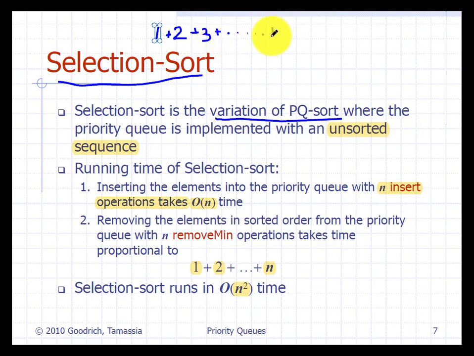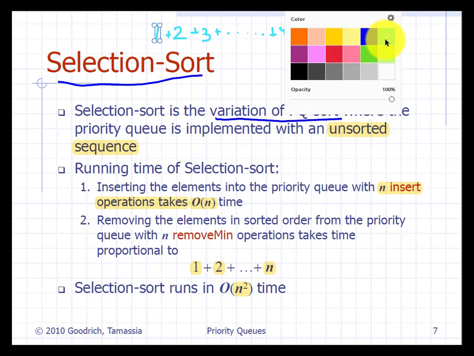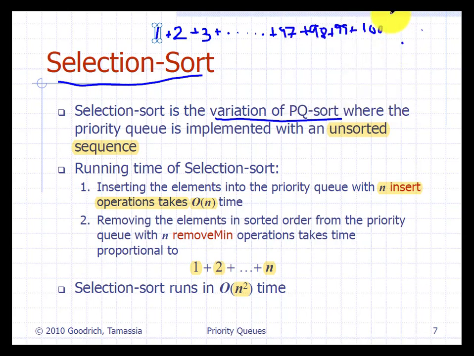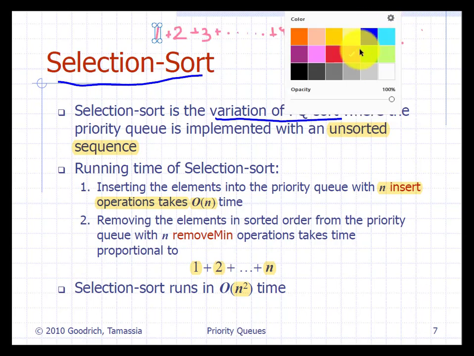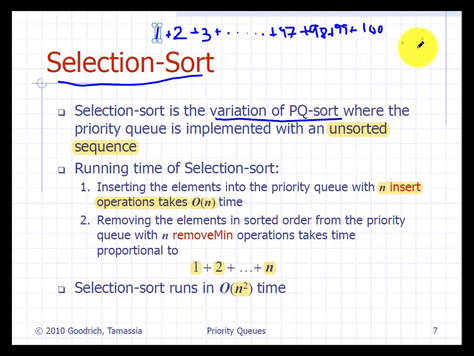And then you've got 97, 98, 99 and 100. This is me drawing with my mouse.